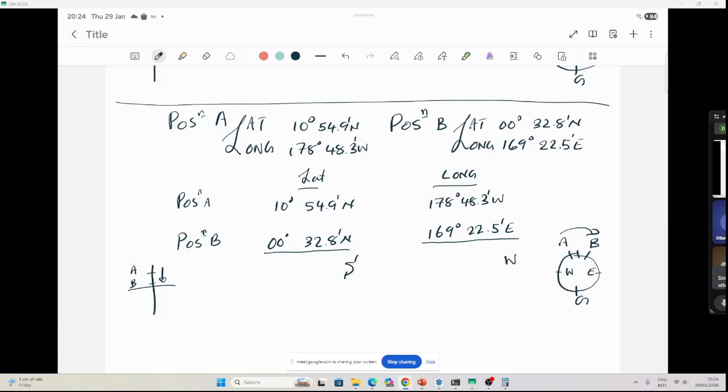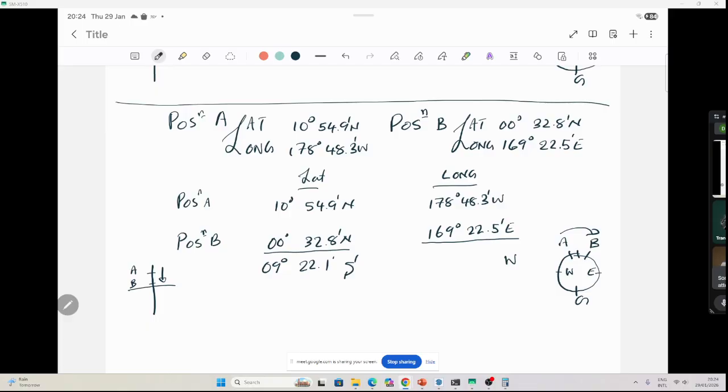You subtract 10 degrees 54.9 minus 32.8 is 22.1, and 9 degrees 22.1 minutes south.